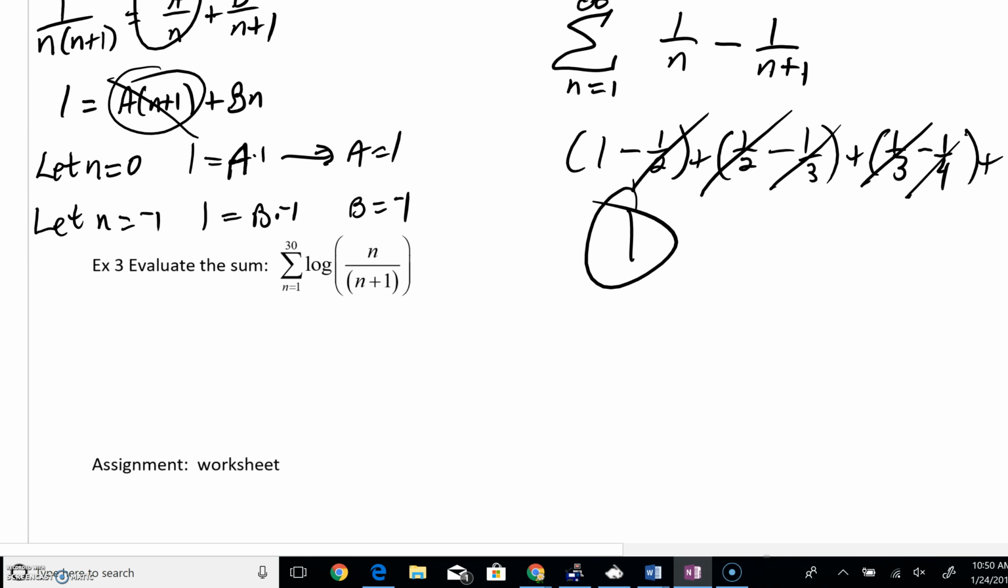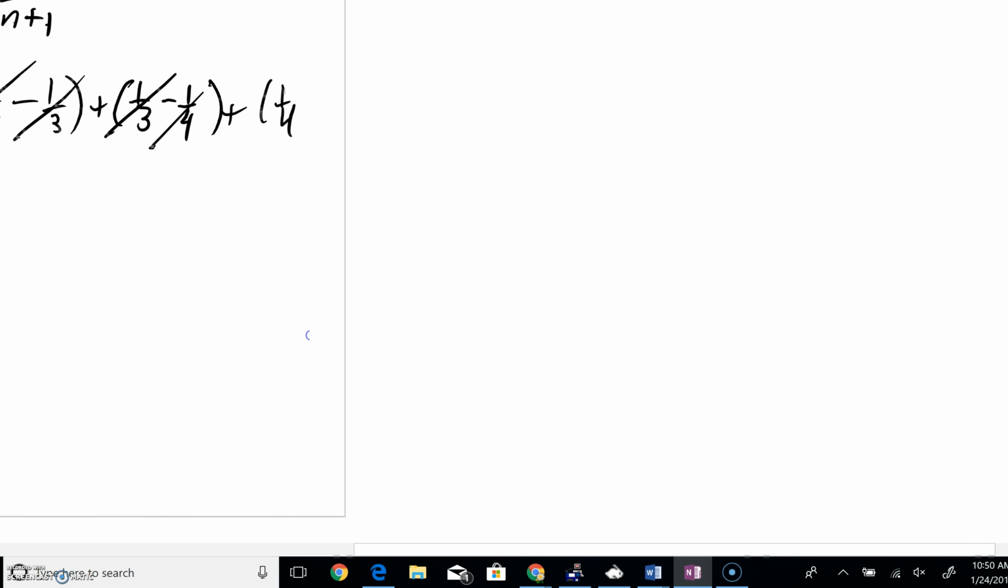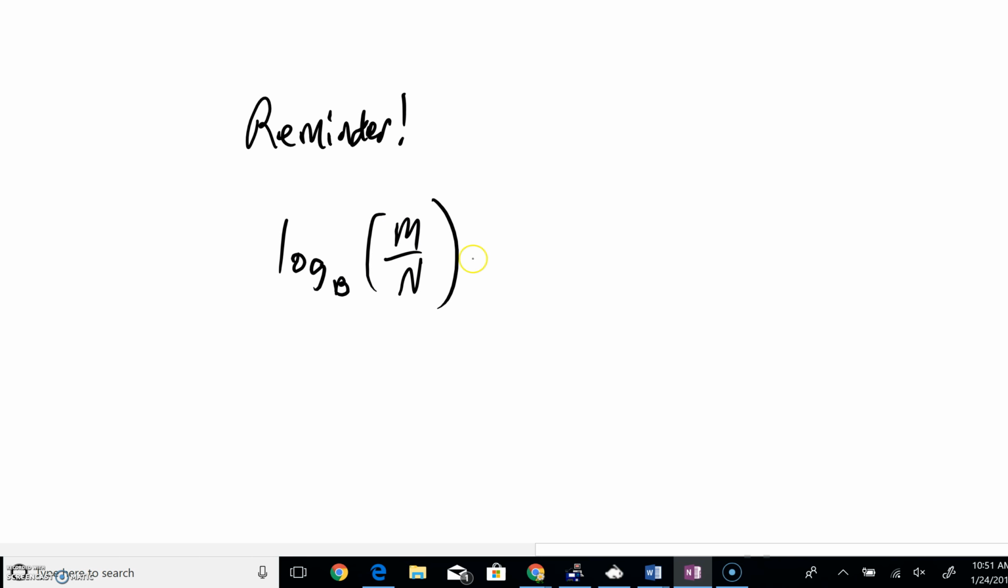And we're not even going to need a calculator. Yeah. Here's why. I want to give you a friendly reminder. Log base b of m all over n is log base b of m minus, oh, hey, look at that.